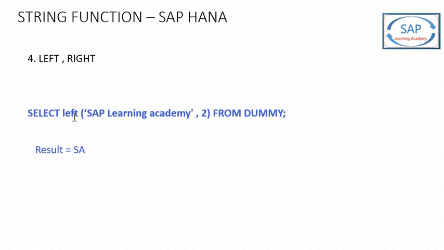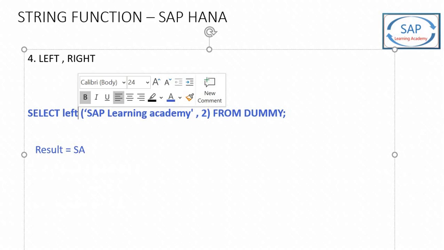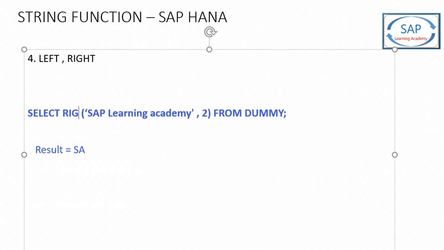And if you write right instead, just for your understanding, then what should be the result? It should be in caps, MY, because from the right it will take the last two characters. So that's the way it works.